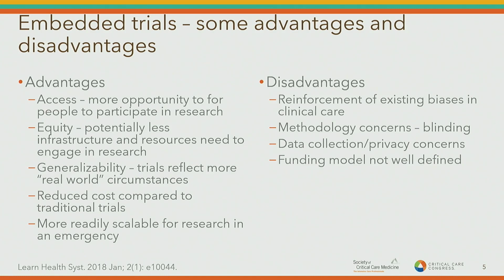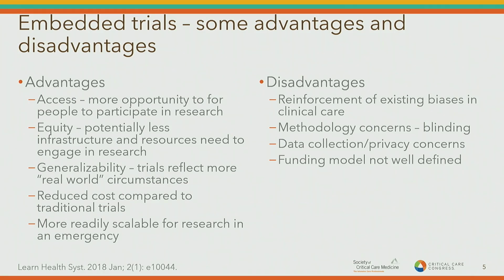There are also tons of disadvantages to the embedded model. And I think we'll touch on this later, back to this garbage in, garbage out concept, that anything we do that relies upon the embedded biases that we already have in clinical care delivery, when we design a trial around that, risks both reinforcing and perpetuating those existing biases in clinical care.